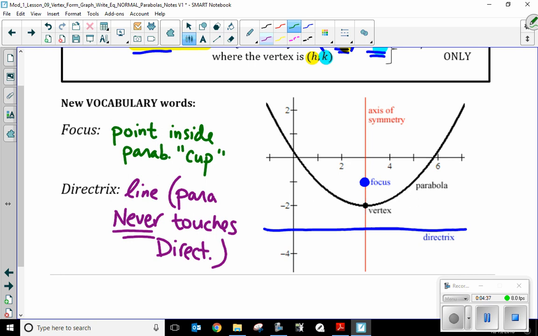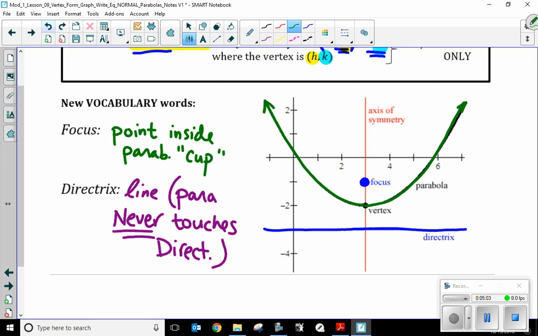And let's say I didn't have this parabola. How do I know if the parabola opens up or if it opens down? Okay, my parabola should never open like this. How come? Because it never should cross or touch the directrix. It should always open so that the focus is inside the cup.